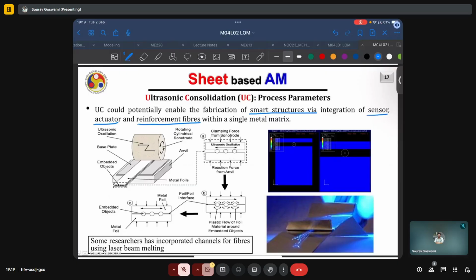Some researchers have also incorporated channels for fibers using laser beam melting. And such an example is shown here where these fibers are say coming from the back and emerging from this side, and they have been well preserved because we can see the light signals coming out of it, which means that they're not damaged.